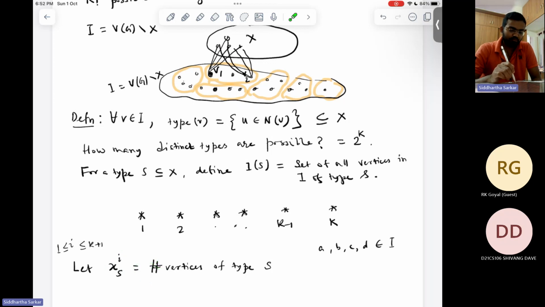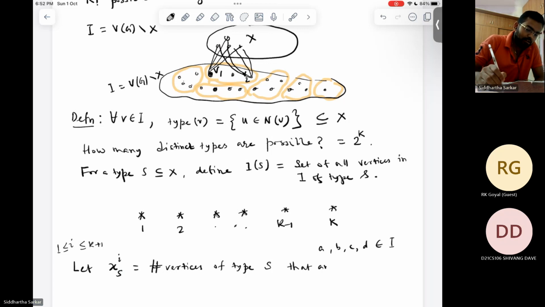How many distinct subsets of X are possible? Only 2 to the k. And for every i corresponding to these pockets. So let me define what this variable encodes. This is encoding the number of vertices of type s that are in pocket i.